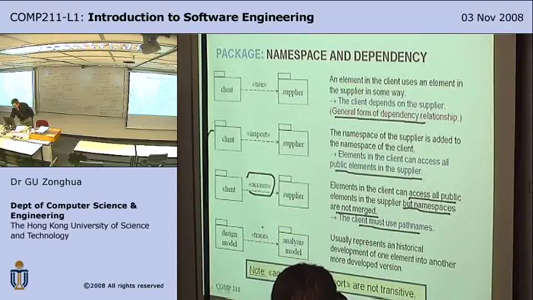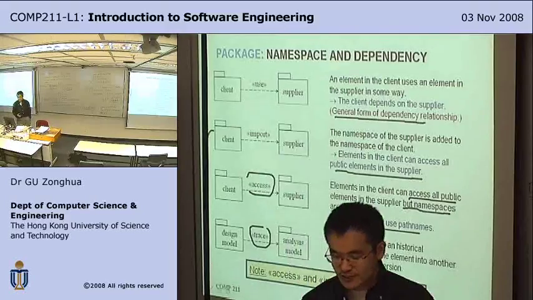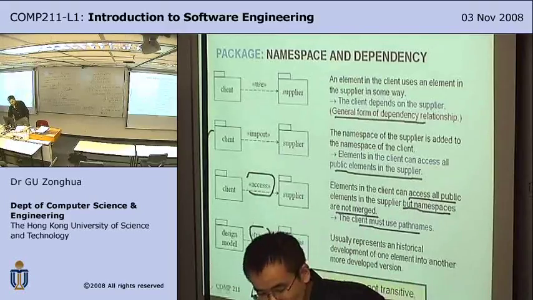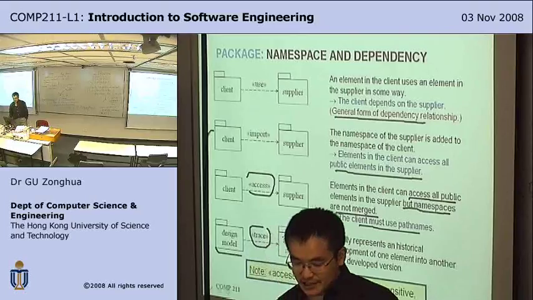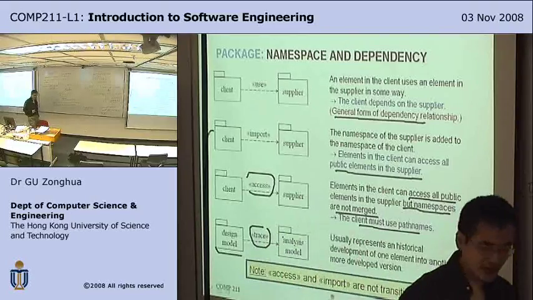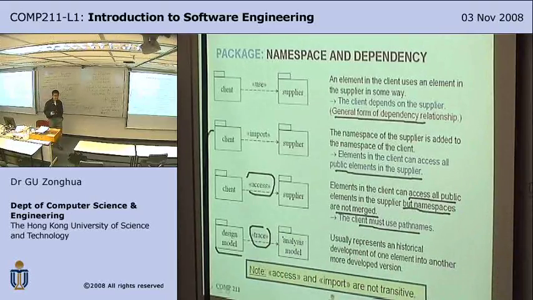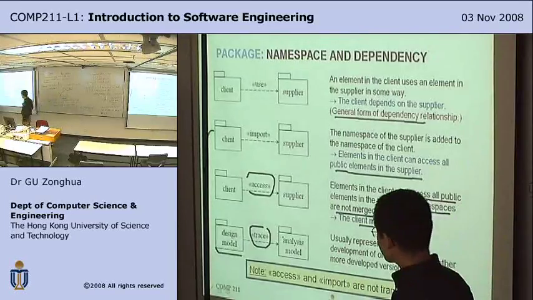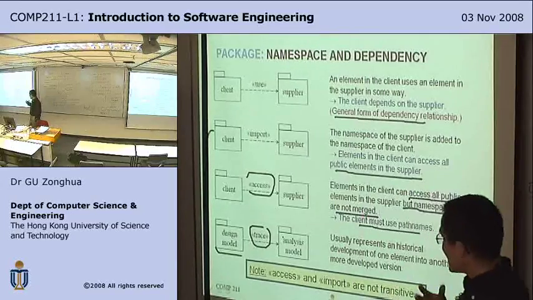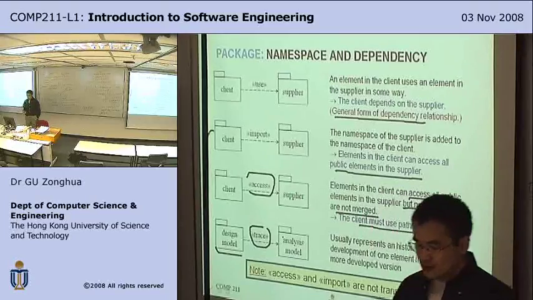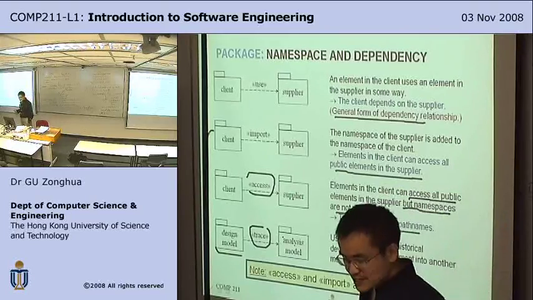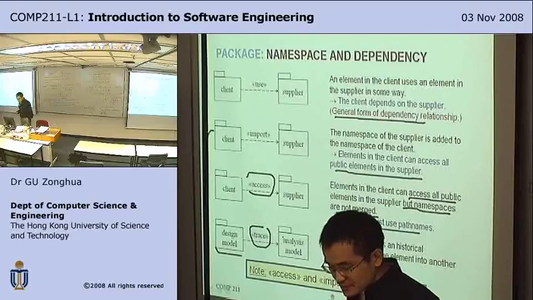Or trace represents a historical development. For example, a design model has a trace dependency to the analysis model. That is, there's a historical dependency because you do the analysis model first, and then from that you design your design model, which we'll discuss in the next chapter.